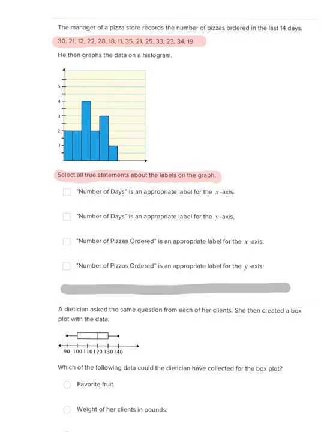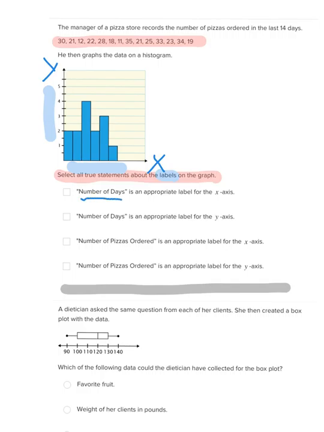So when we're talking about describing the attributes of data displays, labels are attributes. Okay, so the labels go here and here and tell us what we're talking about. Okay, so remember that this is the x-axis and this is the y-axis. So we've got to decide which of these statements are true.